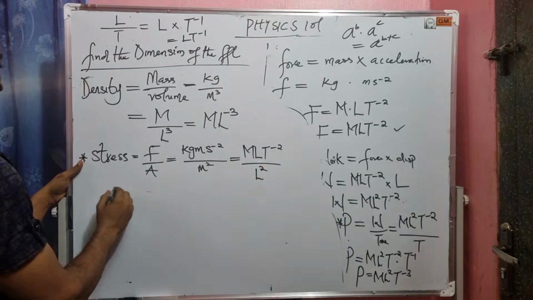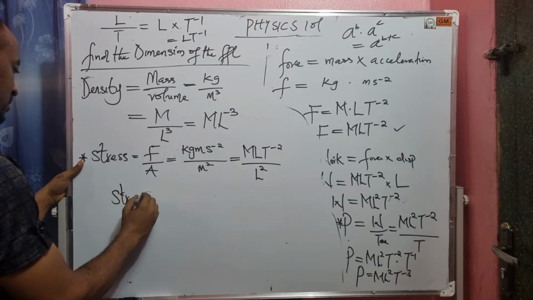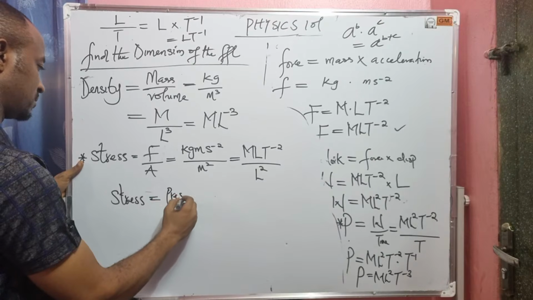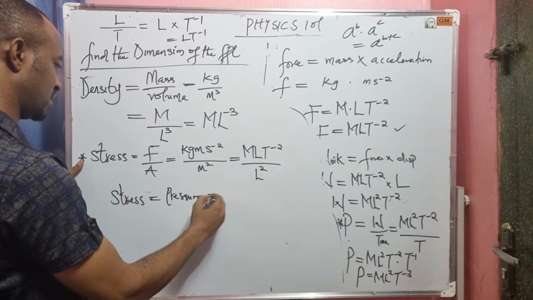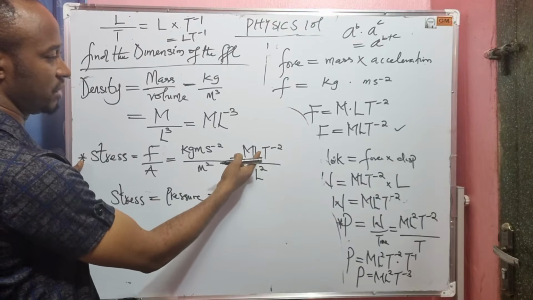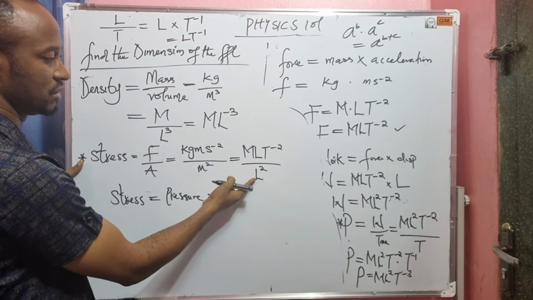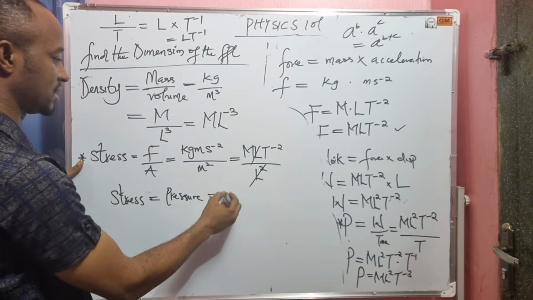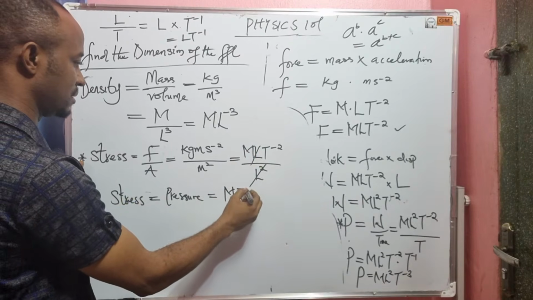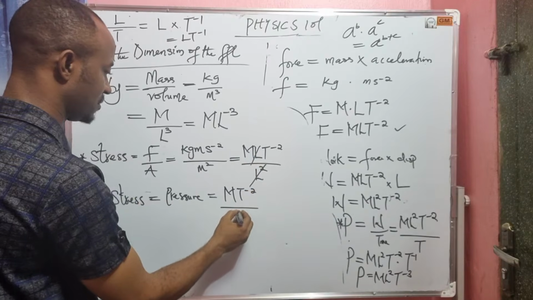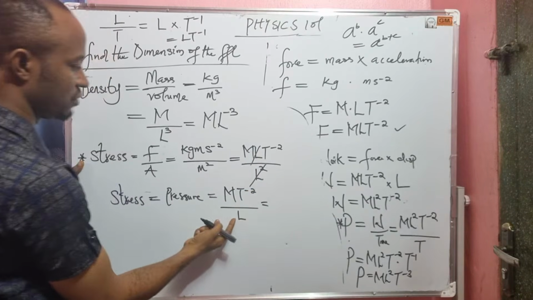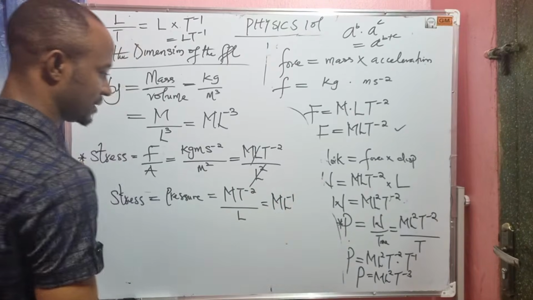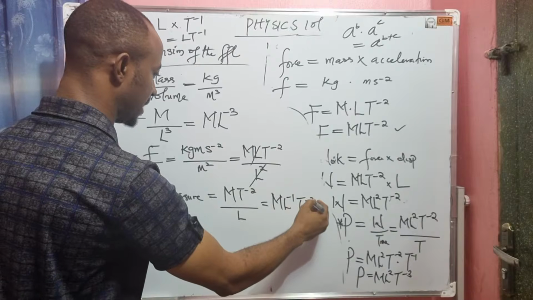So our stress, which is also known as our pressure, is equal to what? One of these L cancels one L from here, and we are left with MT minus 2 divided by L. When you move this L up, we have ML minus 1 T minus 2.